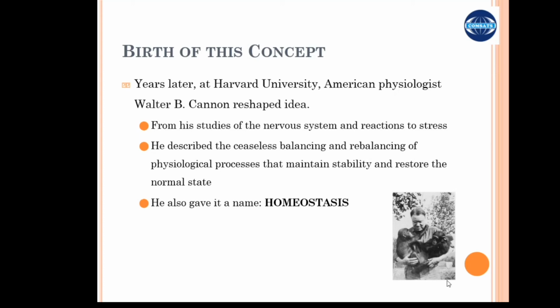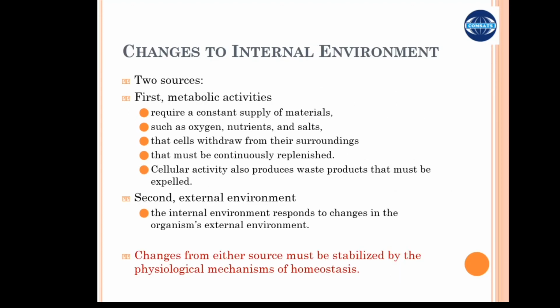And a specific amount of salts as well. Similarly, the cells withdraw different compounds from their surroundings, like from the body fluids, like the salts. So when all these factors are disturbed, they enable the body to activate its homeostatic mechanisms.